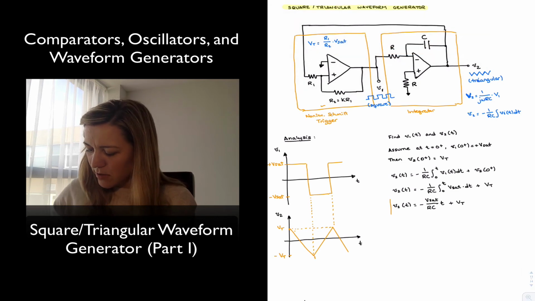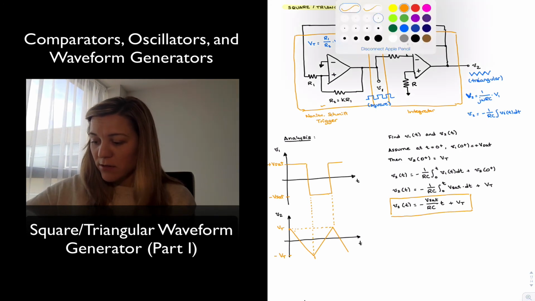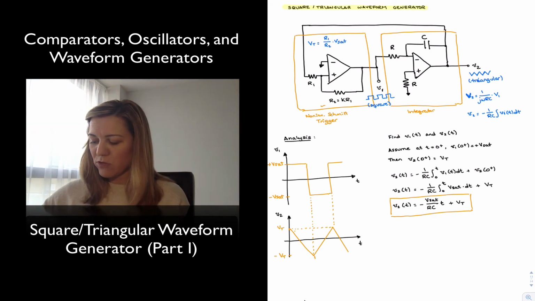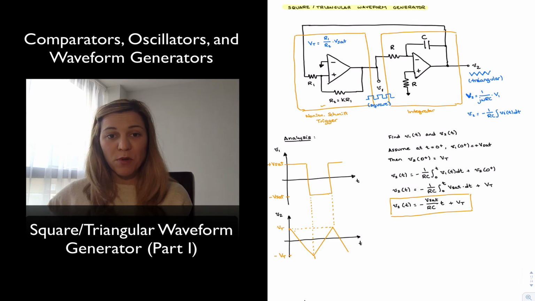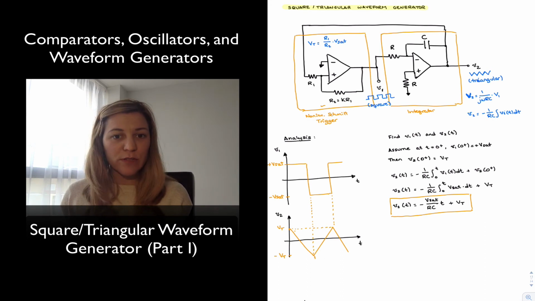And notice that this is what we are expecting to get. We're expecting to get a straight line, right? And this is a linear function of t, so it represents a straight line with a negative slope, the negative slope being negative Vsat divided by RC, plus some offset, because when t is equal to 0, we're starting at the value of Vt.